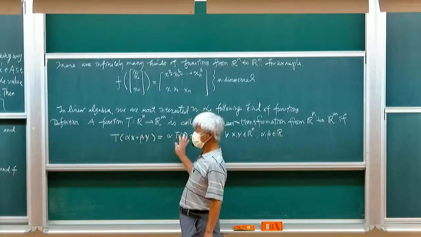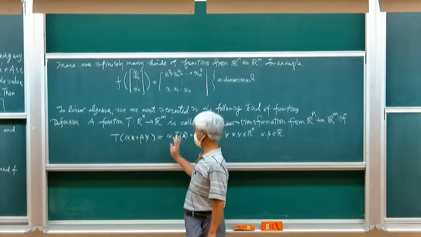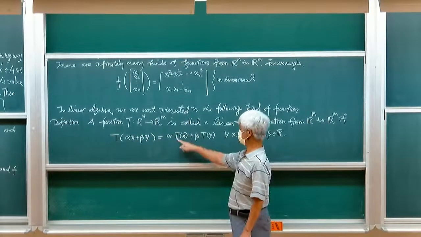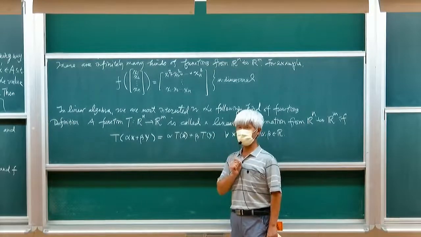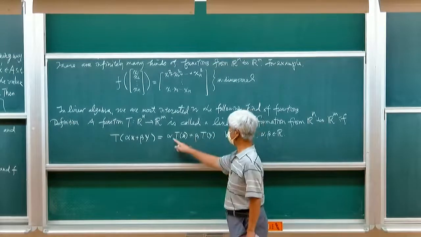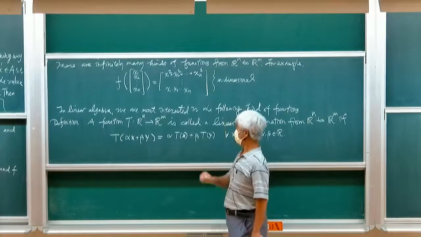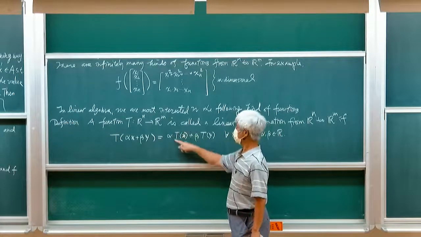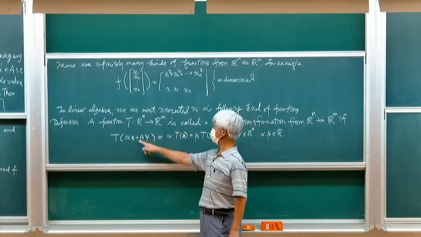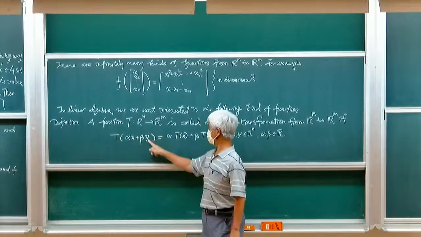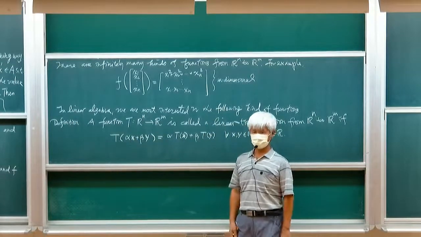And then the image in Rm takes the same form of linear combination. It means that they keep the same corresponding coefficients alpha and beta, but the vectors have been replaced by their images by T, x to Tx, y to Ty. Okay?